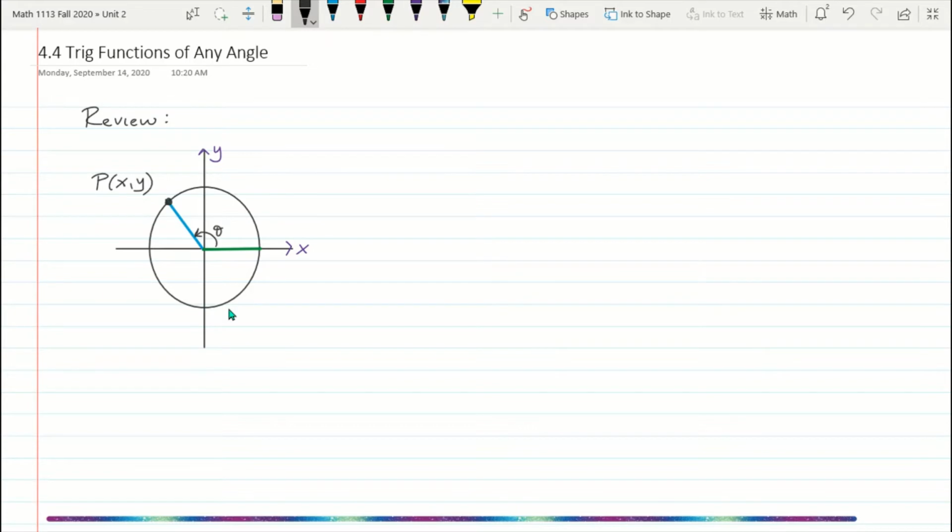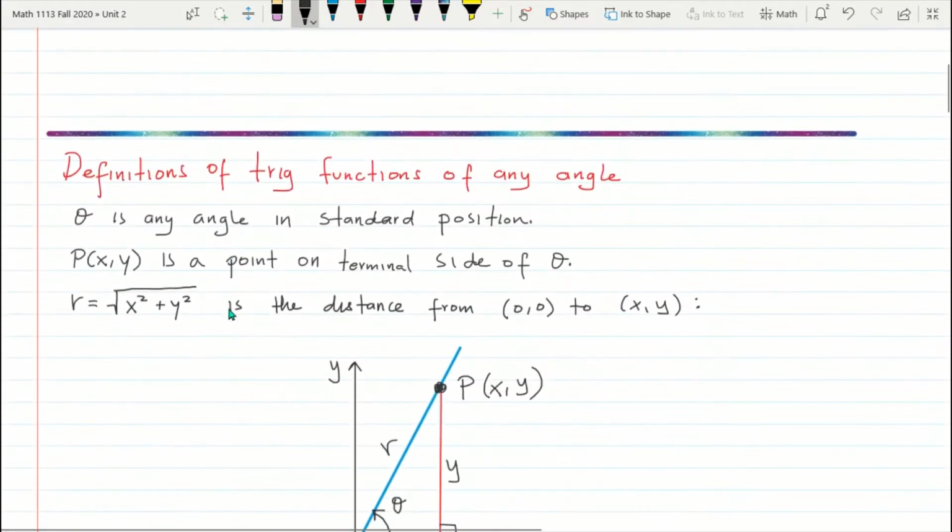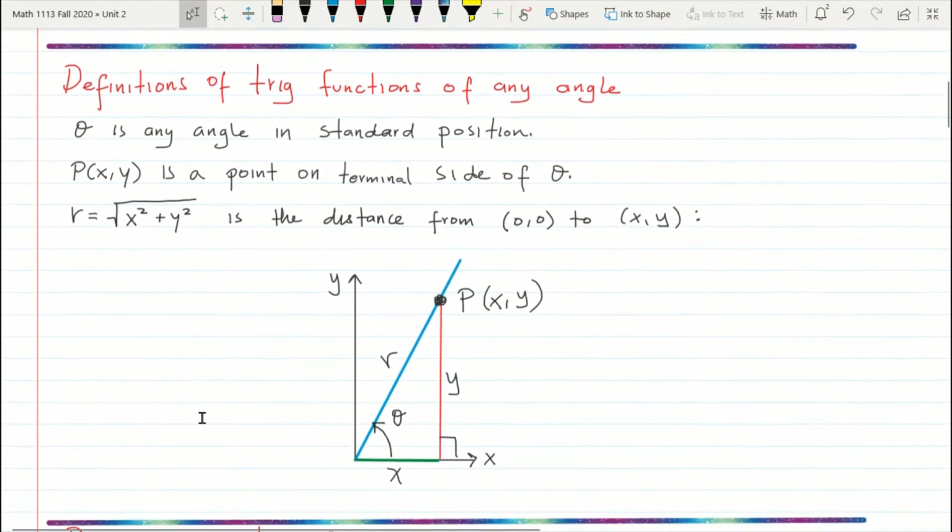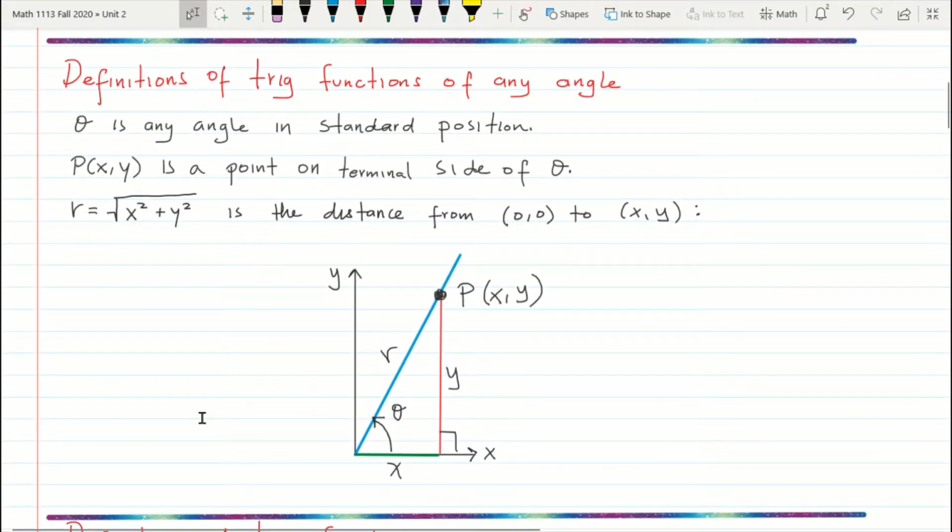So let's talk about what we mean by the definitions of trig functions of any angle. So theta, as we know, has to be in standard position, and theta is the angle. The point P is a point with coordinates x, y, and it is a point on the terminal side of theta, like we mentioned earlier.